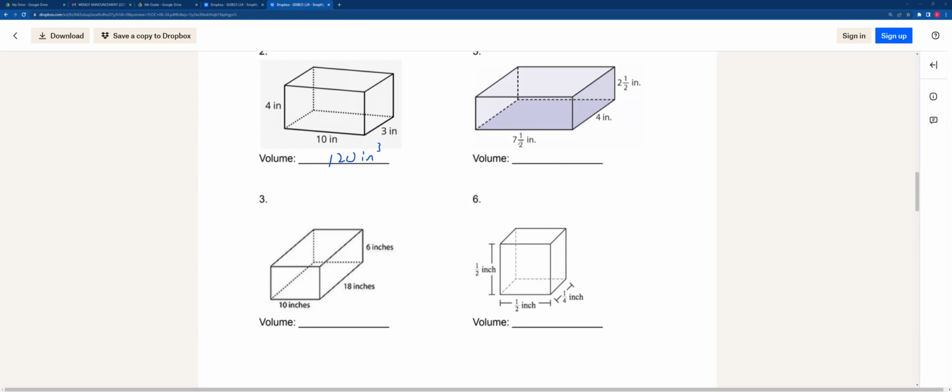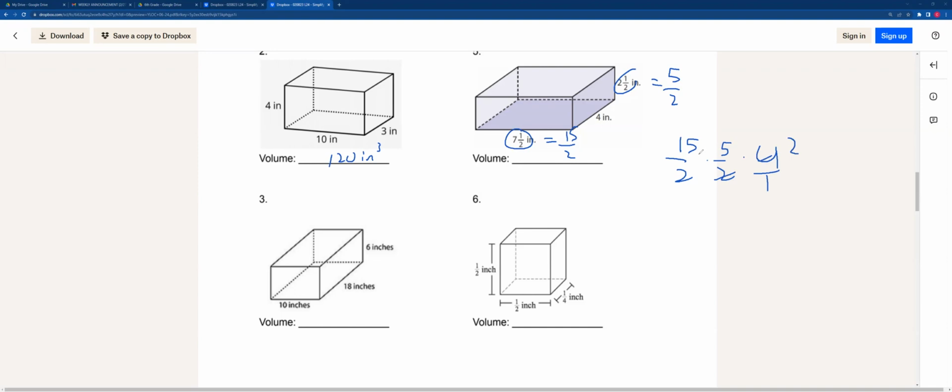This one, I'm gonna turn this into a decimal, which will be 5 over 2. And then this one, no, we can just multiply, into an improper fraction, I mean. And then 15 over 2. So 15 over 2 times 5 over 2 times 4 over 1.